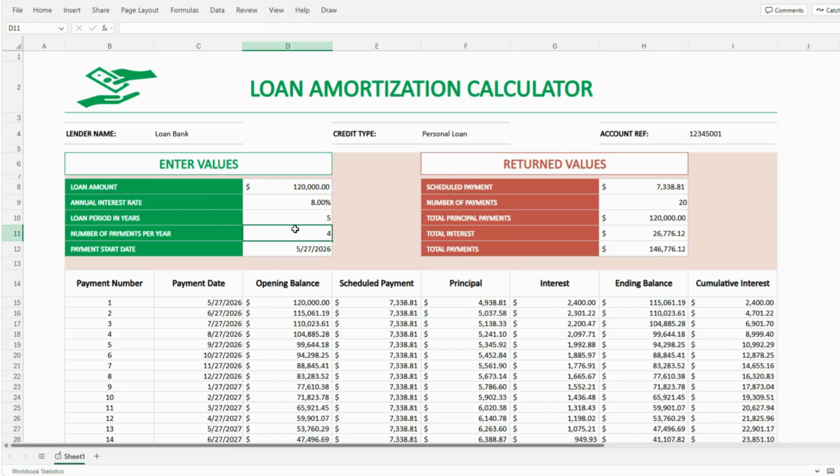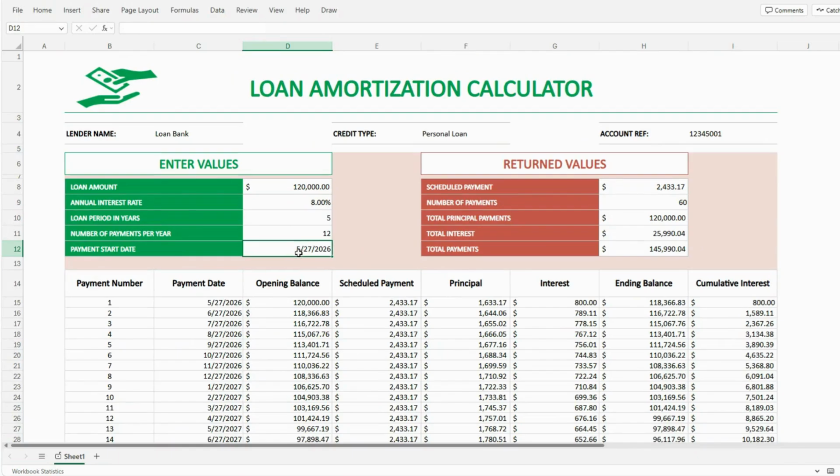If you are required to make a payment once every 2 months, that means 6 payments in the year, so you put 6 here. But for the sake of this calculation, I'm going back to 12.